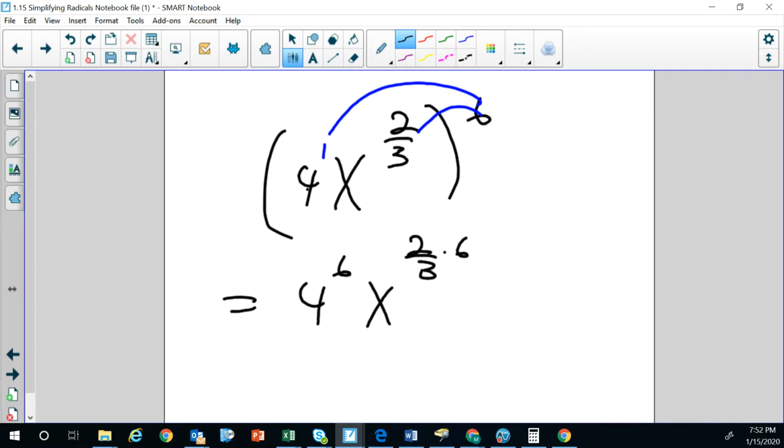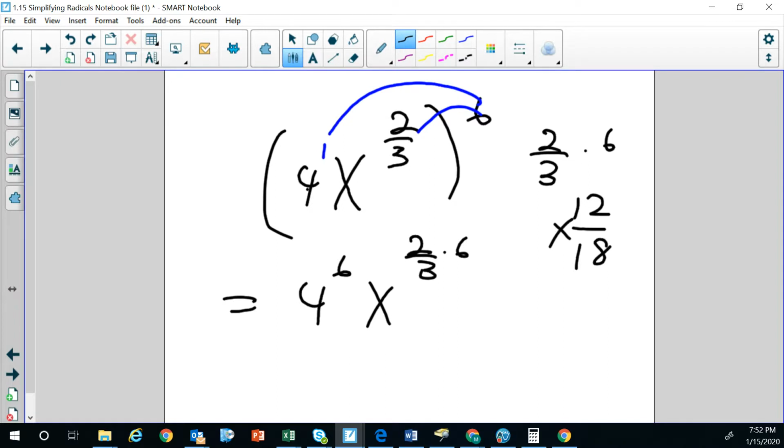One of the common mistakes I see on homework is when students multiply this as 12 over 18. You do not multiply the 6 by the numerator and also by the denominator. Just don't do that.